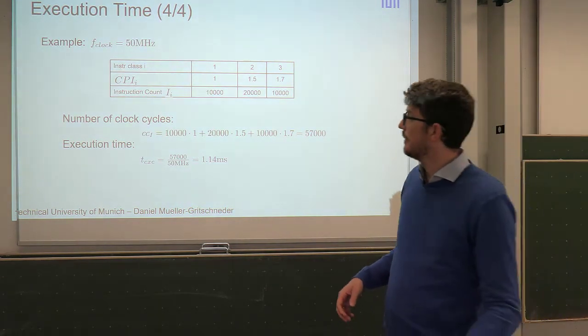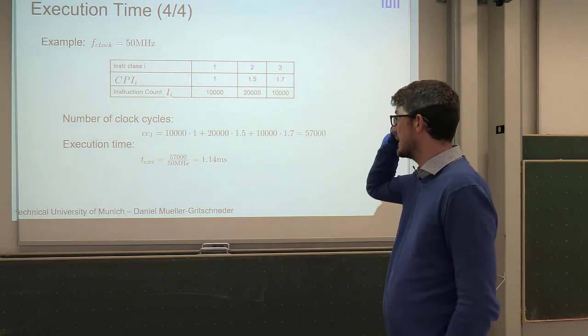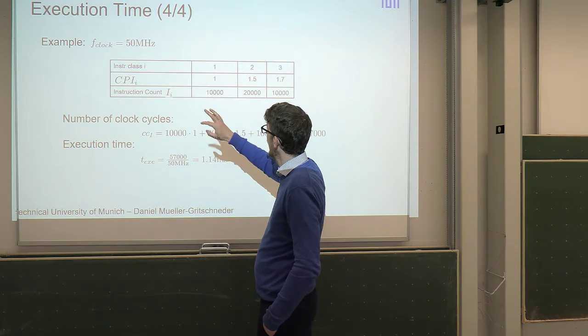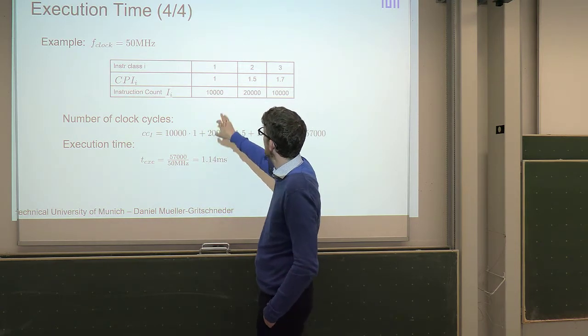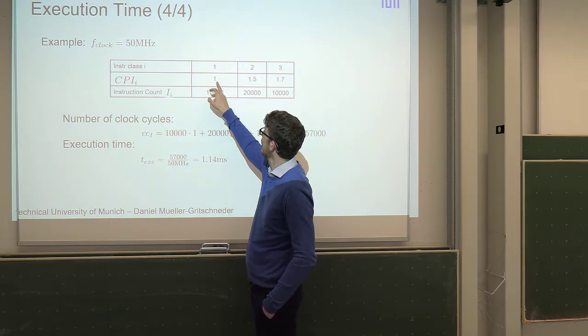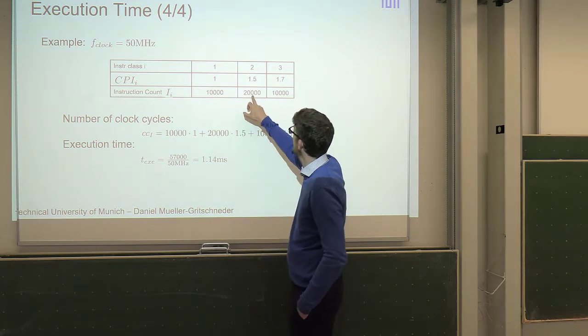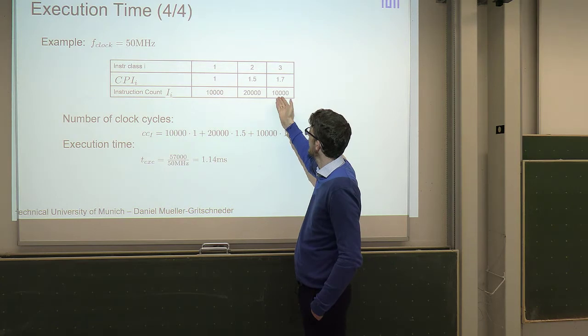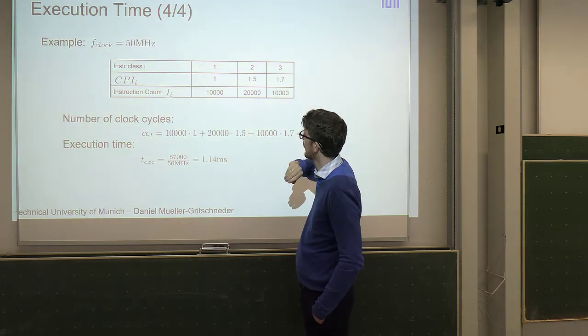So let's first do a little bit of estimation. Let's say we have a processor that's running at 50 megahertz. We execute 10,000 instructions which take 1 clock cycle. We have 20,000 instructions which take around 1.5 clock cycles. And we have 10,000 instructions which will take 1.7 clock cycles.